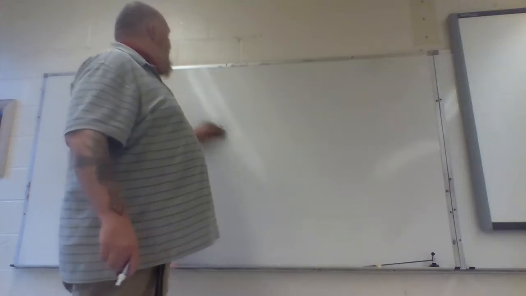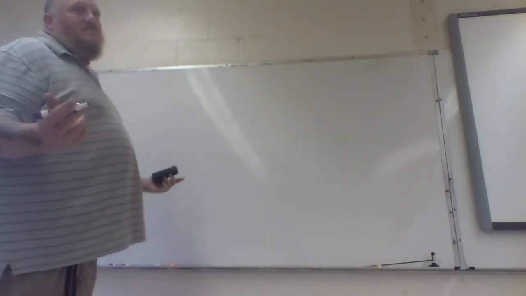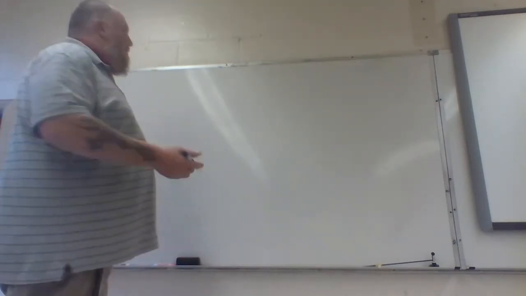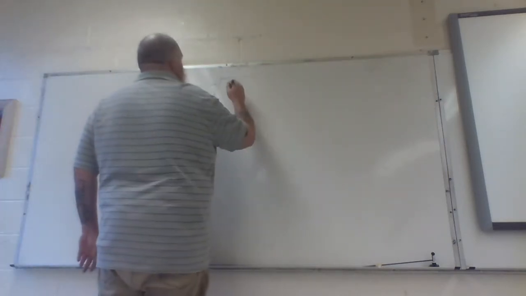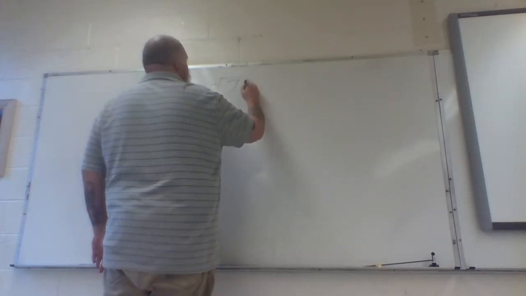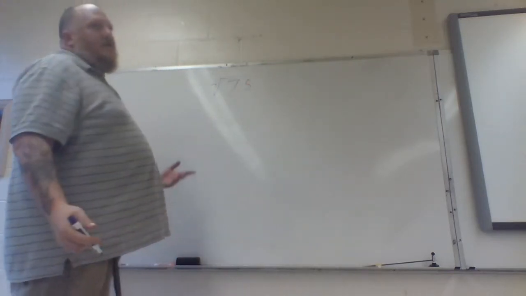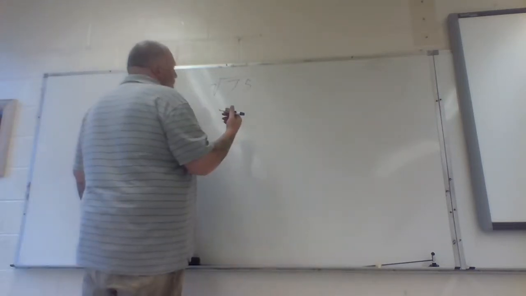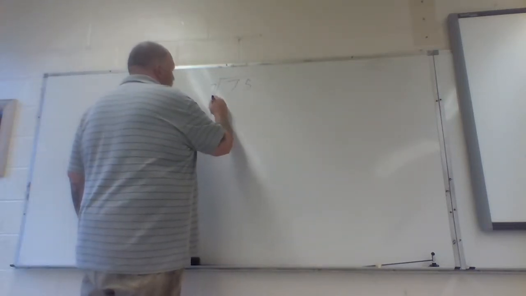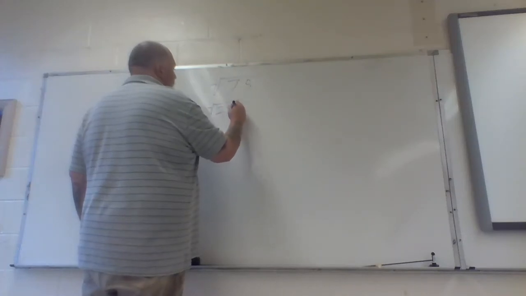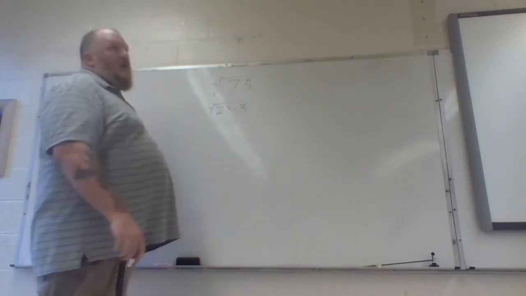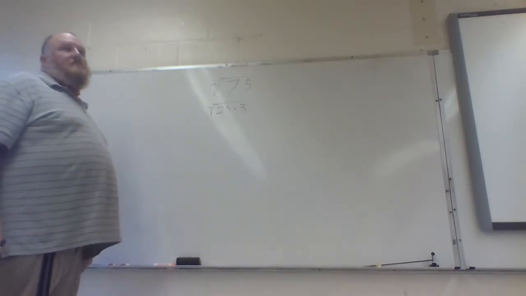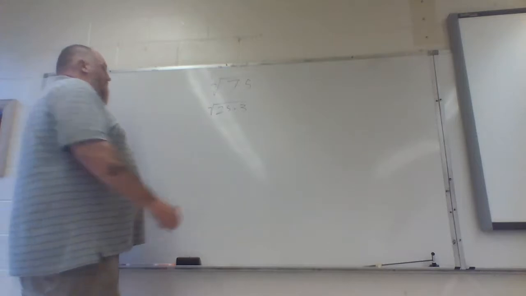Now, they're not always going to end up with just the whole number at the end. What you might end up with looks something like this. If we do the square root of 75 and we want to simplify that, well, basically we're going to end up with the square root of 25 times 3. All right? Can one of those be squared to a whole number? 25.